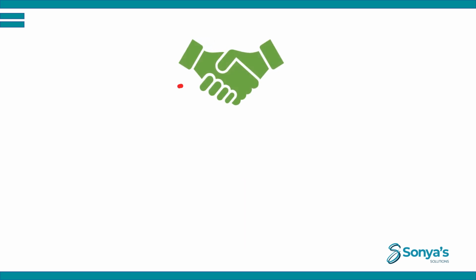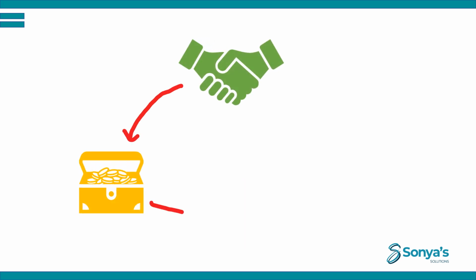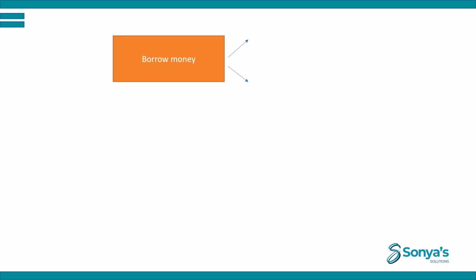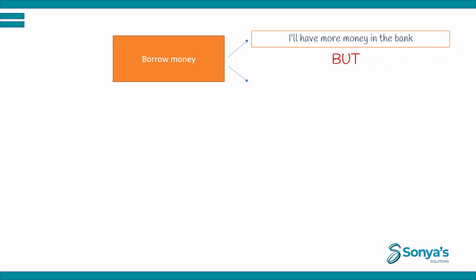To become proficient at double entry, we need to start by carefully thinking through the effects of business transactions. Let's consider the effect if you borrowed money from the bank. The loan money will be paid into your bank account, but you'll also have a debt that needs to be repaid.